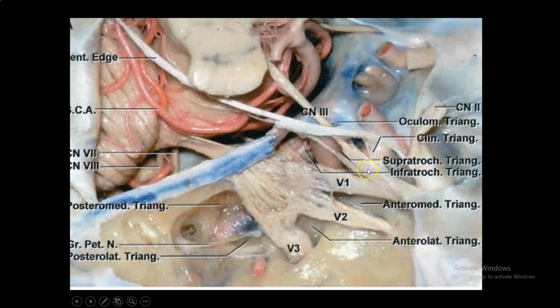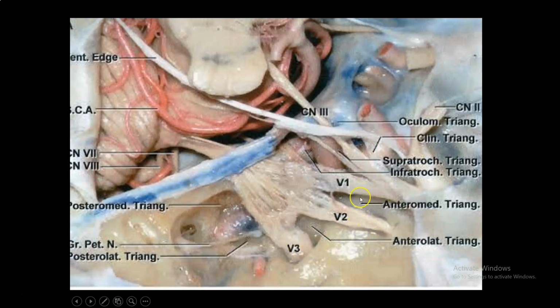Then the four of the middle fossa. The anteromedial triangle, between V1 and V2, with a line from the superior orbital fissure to the foramen rotundum. The anterolateral triangle, between V2 and V3, with a line from the foramen rotundum to the foramen ovale.